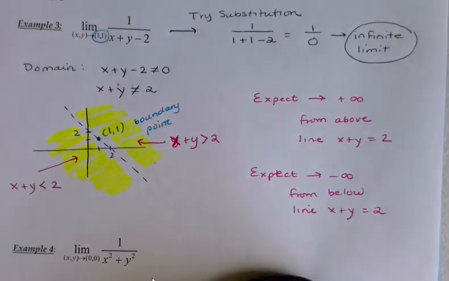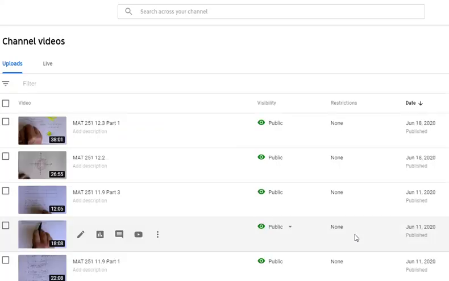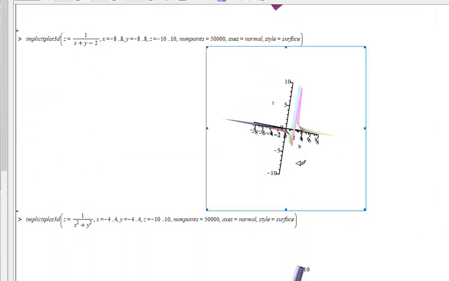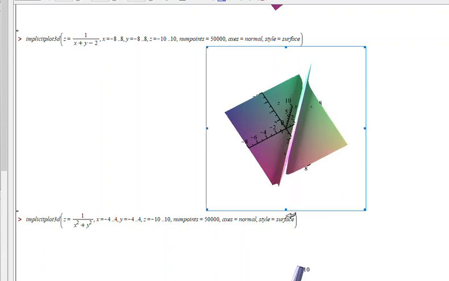Let's take a quick glance at the Maple graph of this one. There we go. There's 1 over x plus y minus 2. Remember this one? We saw that the domain was excluding that line x plus y equals 2.